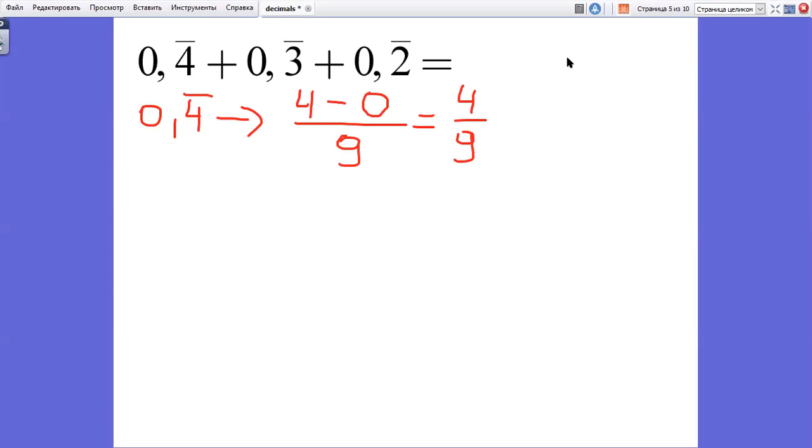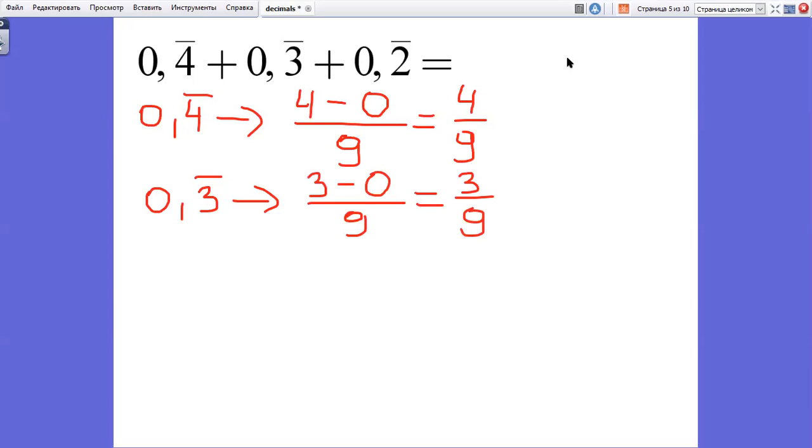After, I'm going to convert 0 point repeated 3 into a fraction. Here I will also subtract from 3 the non-repeating part, which is 0, and I will divide by 9, because in the fraction part I have only one repeating digit, and your fraction is going to be 3 over 9.